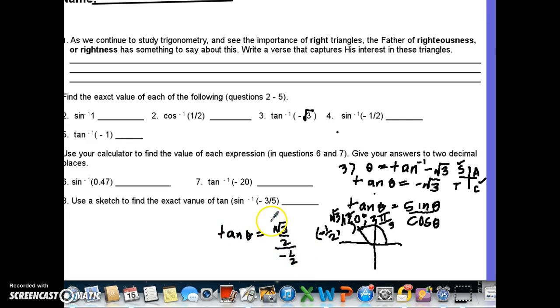So this will be root 3 over 2 times the reciprocal of negative 1/2, which would be negative 2 over 1. And the 2's will cancel. 2 goes into negative 2, negative 1 time. So here's where we get our answer. Square root of 3 times negative 1 is negative square root of 3.